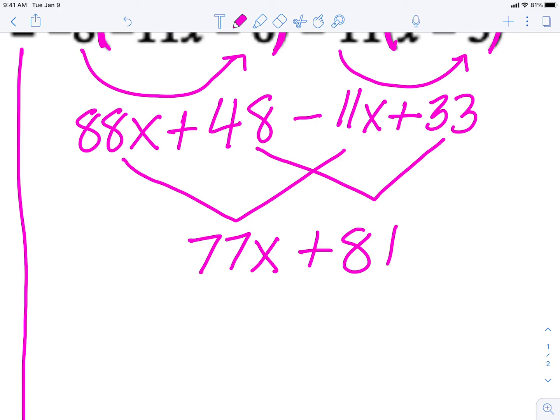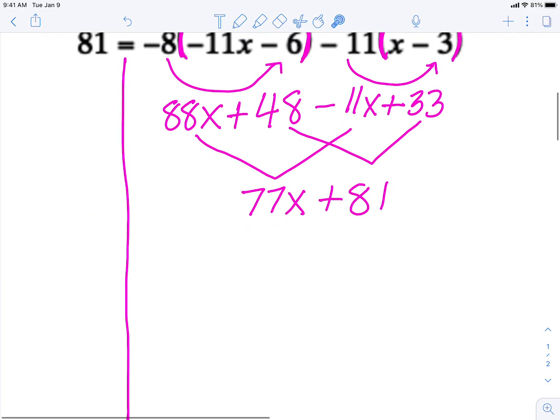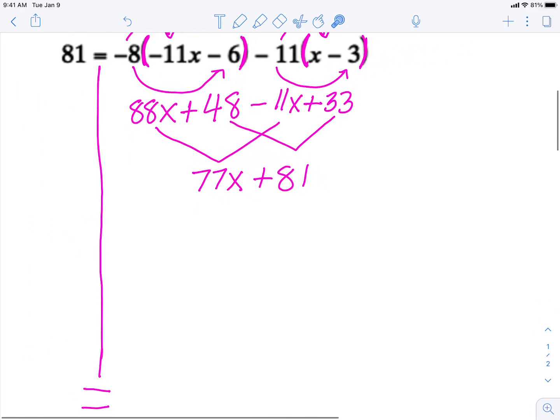I have that. So I've combined all my like terms. I cannot add this with this because they are not like terms. And we know they're not like terms because 77x has an x and 81 does not. So that does not make them like terms, right?